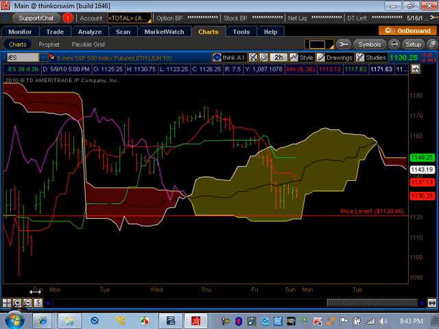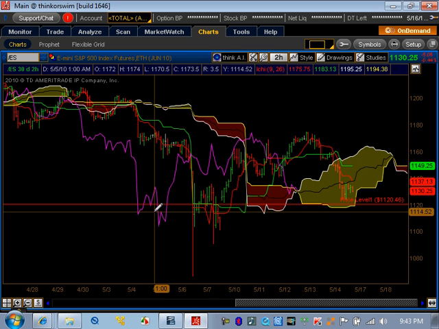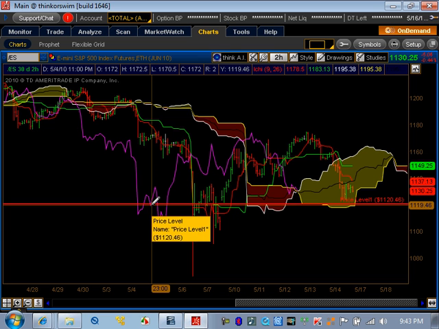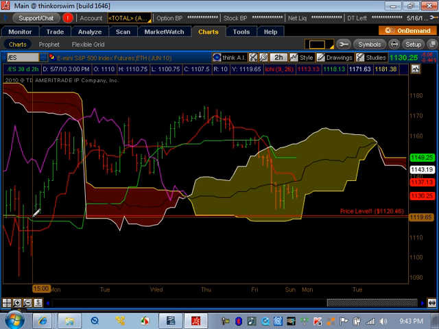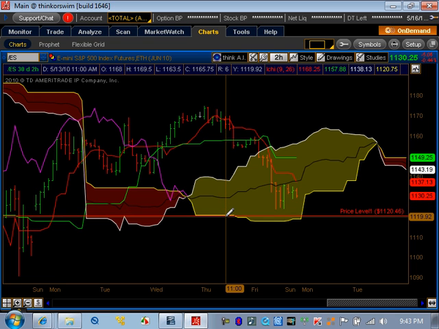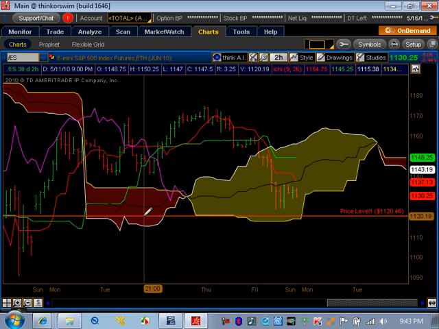And if you scroll back, you will probably see some Chikou peaks. See that one right there? That's very close to that. You will see some Chikou peaks that intersect that line. The flat part of these Kumo clouds represents a huge major support resistance level. So when you draw a line there and some Chikou peaks meet up with that line, that is a very, very strong support and resistance line.